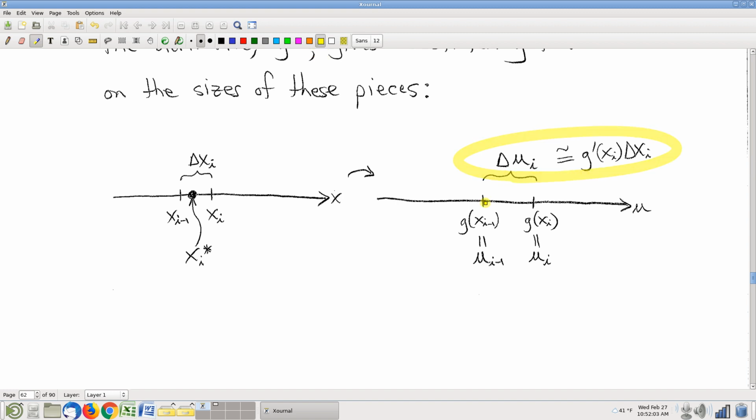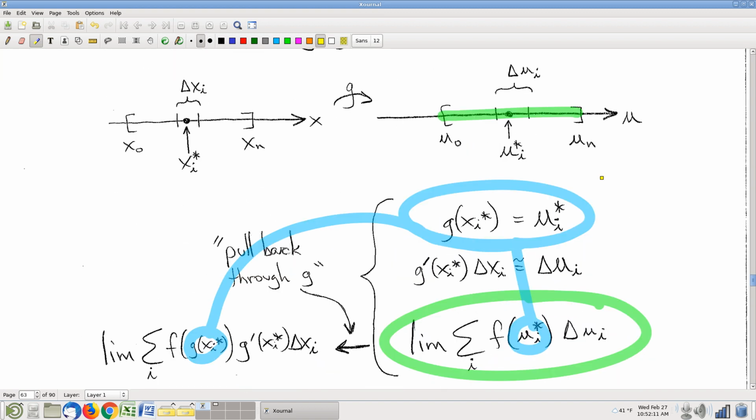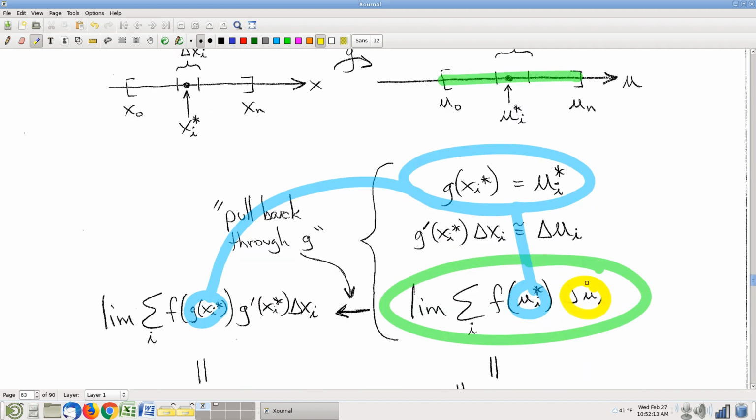This size I can rewrite in terms of x's like so, or said differently, by inserting the stretching factor. So delta u is that. All right, so plugging in the blue plug-in, the yellow plug-in, it turns that Riemann sum.